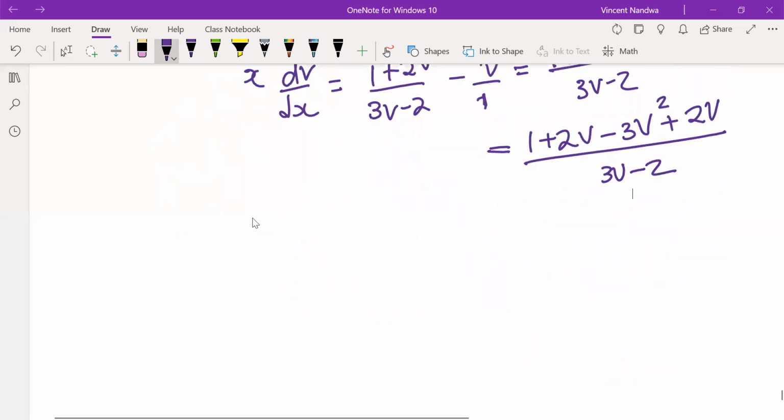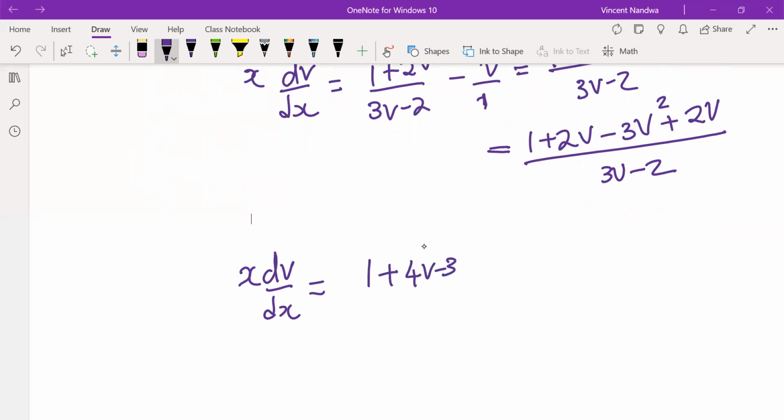So with that, we'll have x dv/dx equals (1 + 4v - 3v²)/(3v - 2).